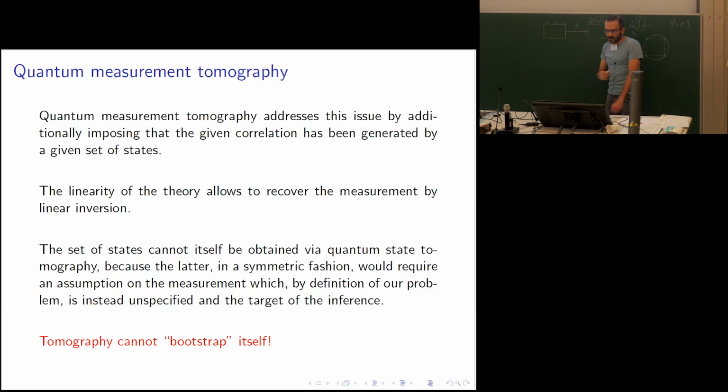Back and forth, it's a never-ending chain of tomographic reconstructions. So that's not the way we want to go. That's why we say here in red that tomography cannot bootstrap itself. Tomography of this requires knowledge of that, tomography of that requires knowledge of this.